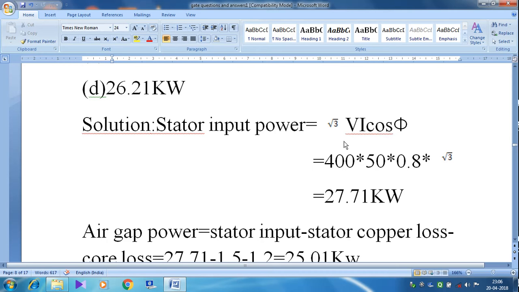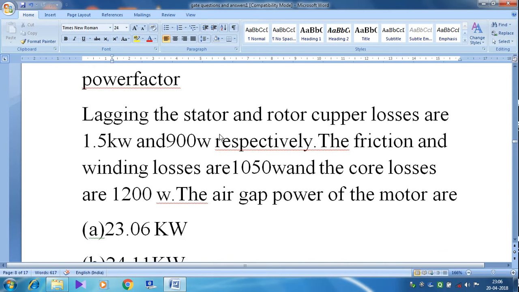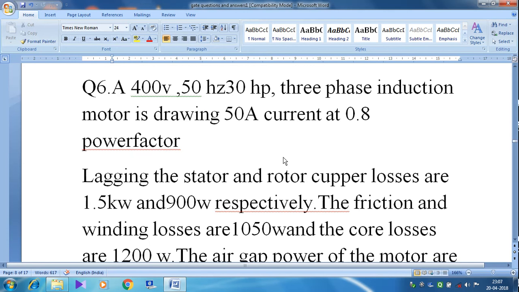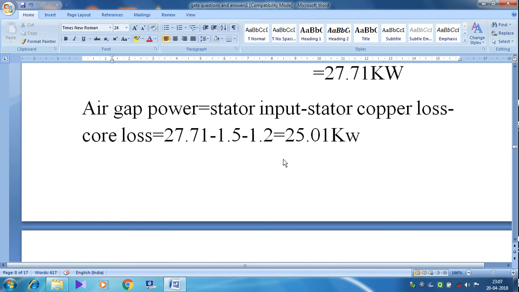Here V is 400, and I is also given, 50 ampere.